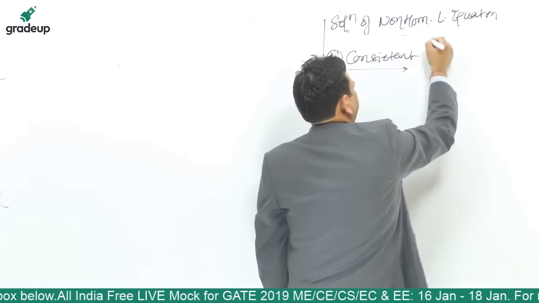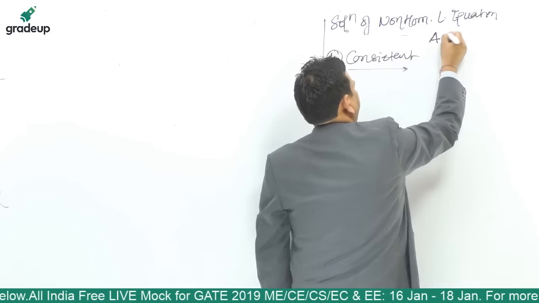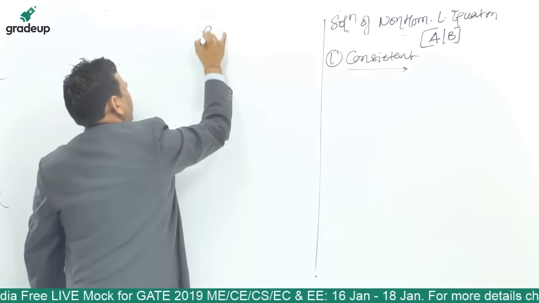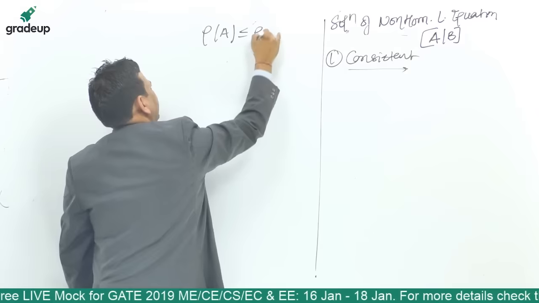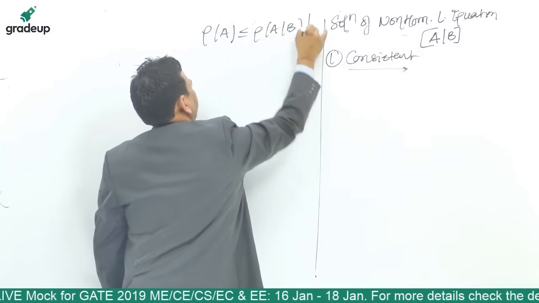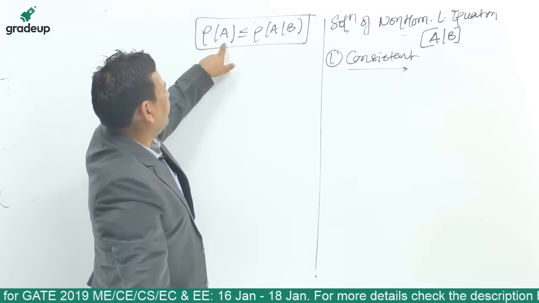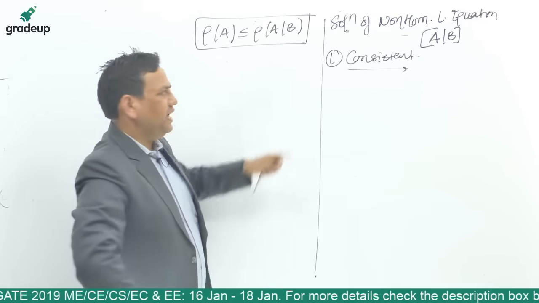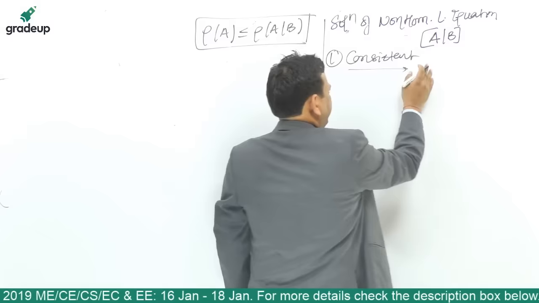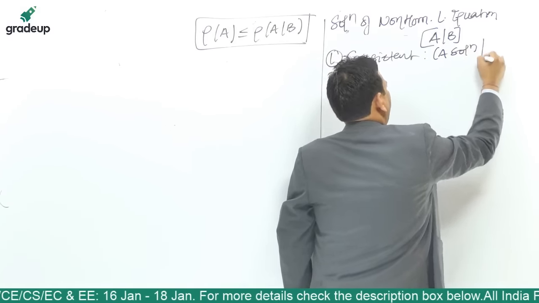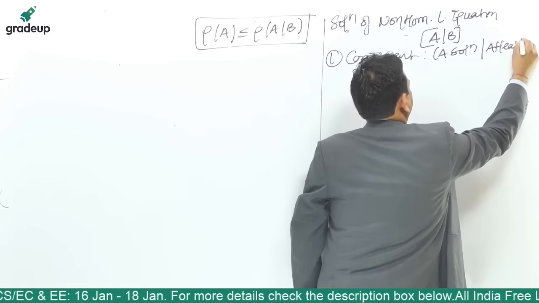Consistent means A, B is an augmented matrix, and always remember this note: rank of A should always be less than or equal to rank of AB. Why? Because A is a submatrix of this, so definitely the rank of A would be less than or equal to the rank of AB. So consistent means a solution exists, at least one solution.